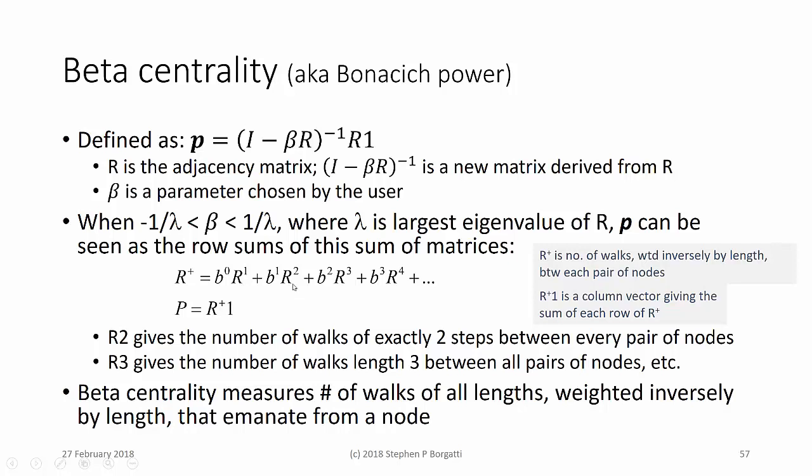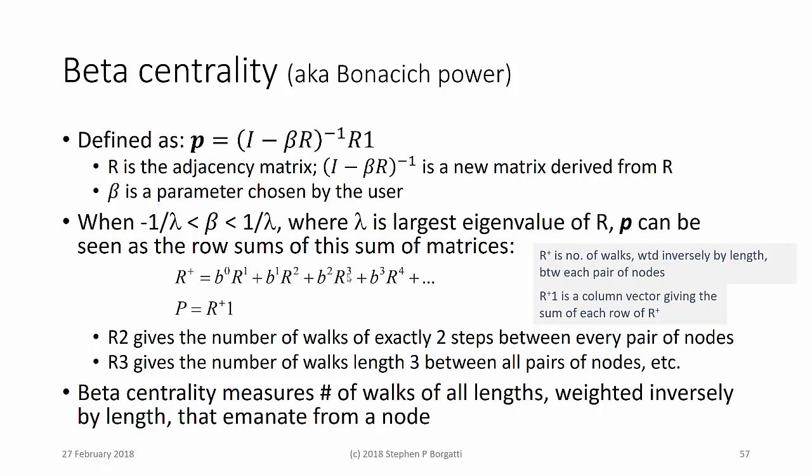R squared is a matrix, n by n, that gives the number of paths, actually walks, from any node to any other node that are exactly 2 links long. R cubed gives the total number of walks from any node to any other node that are exactly 3 links long.